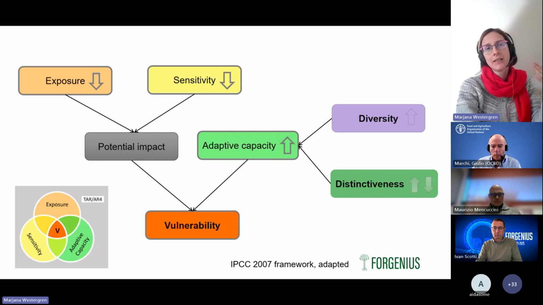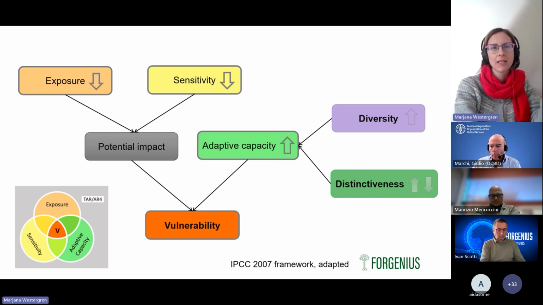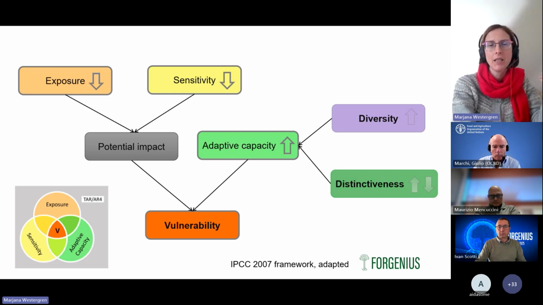The stronger the exposure to something in the environment, for example warm weather, and the higher the sensitivity, which is the internal property of a population, the more vulnerable that population is. On the other hand, adaptive capacity works in the other way. The higher the adaptive capacity, the lower the vulnerability of the population.